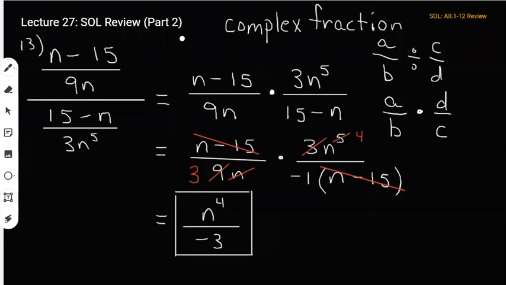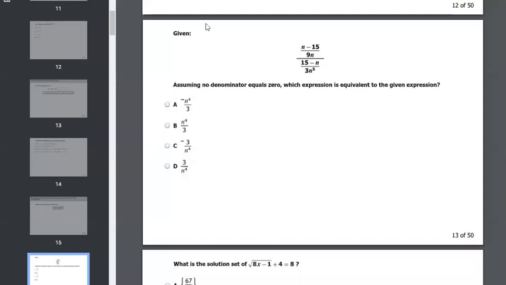That's not even an answer choice on the question. It's not. So n to the 4th power. There's an n to the 4th power and a positive 3, but there's no negative 3. Okay, so see this negative on top right here? That would be the answer. Notice how you have a negative n to the 4th power over 3.